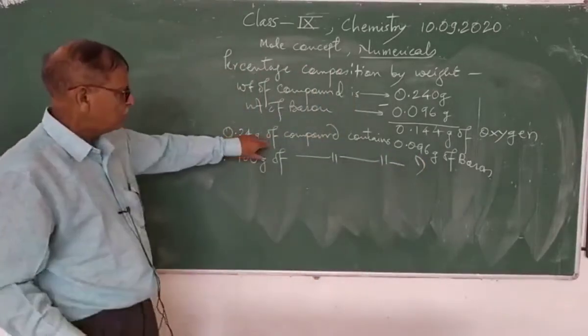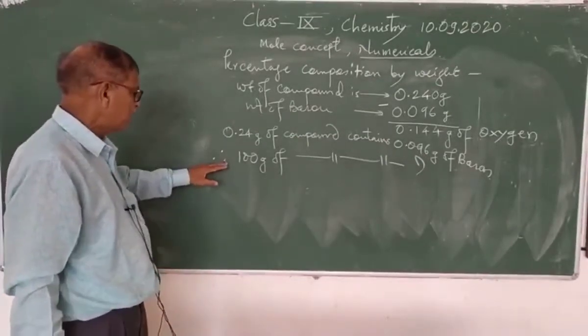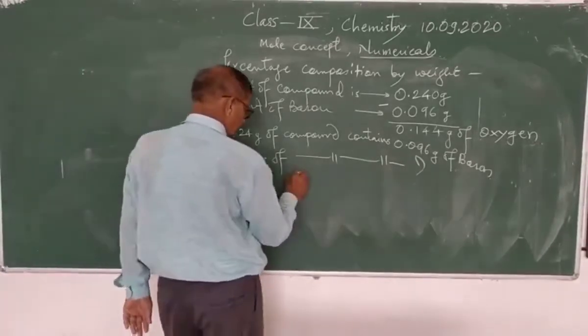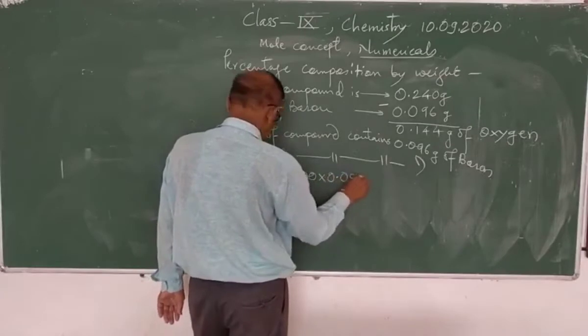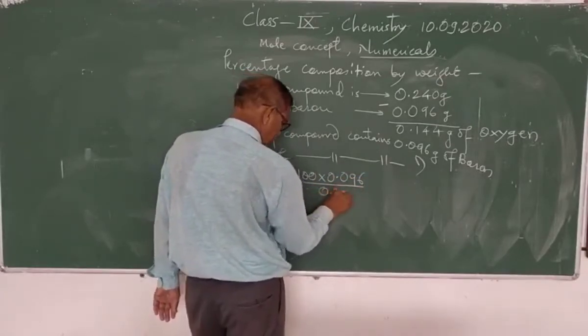So 0.24 gram of compound contains 0.096 gram of boron, and therefore 100 grams of compound contains how much? So 100 multiplied by 0.096 divided by 0.24.